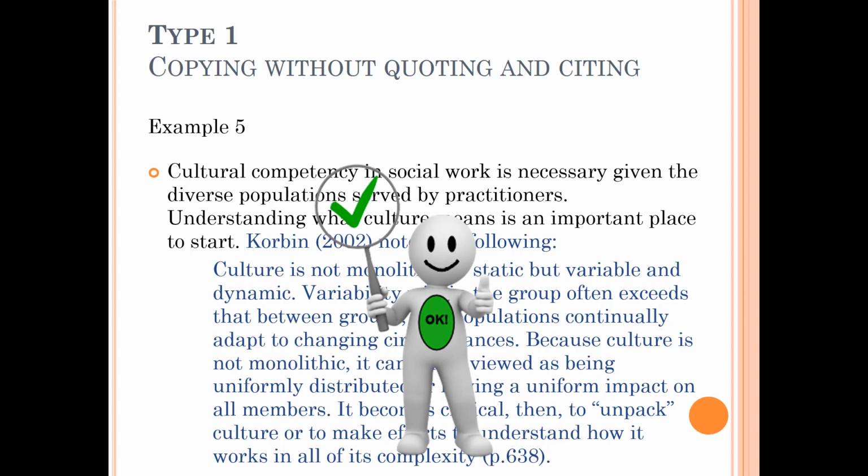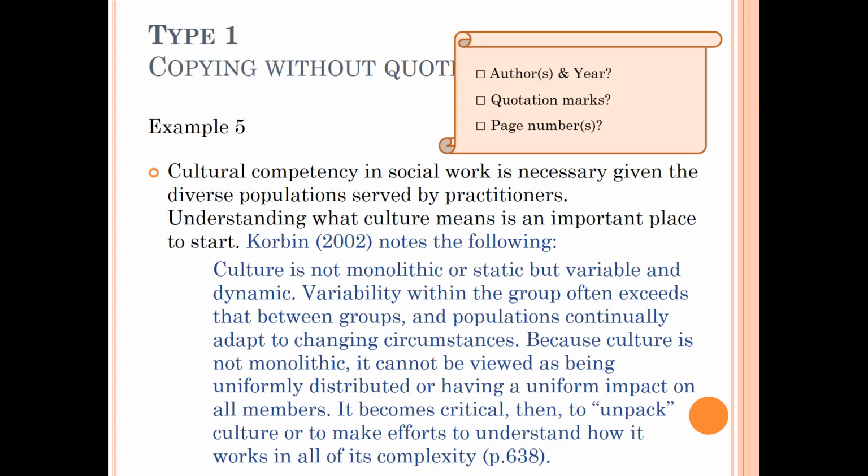And the reason for that, I'll be explaining in a minute, but let's just go through that checklist to see what we have here. So do we have the author and the year? Yes. Do we have quotation marks? No. But let's put a little pin in that. Do we have page numbers? Yes. So let's go back to that pin there. Why don't we need quotation marks in this case?